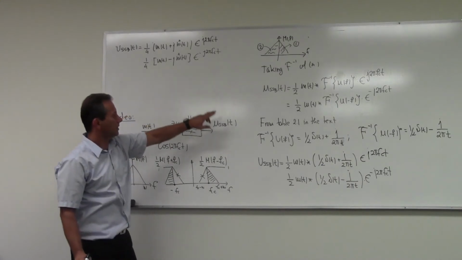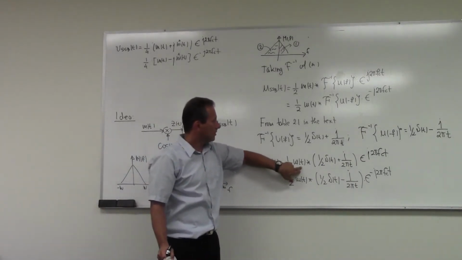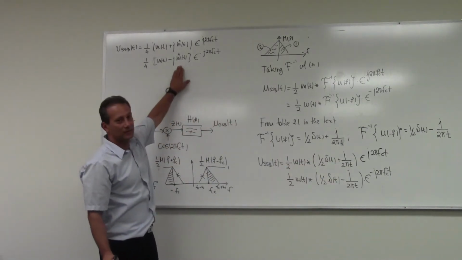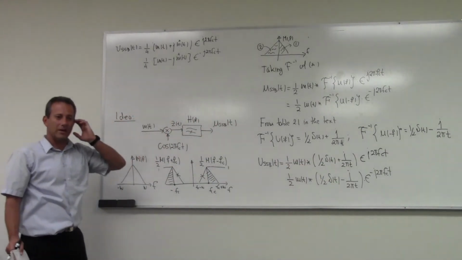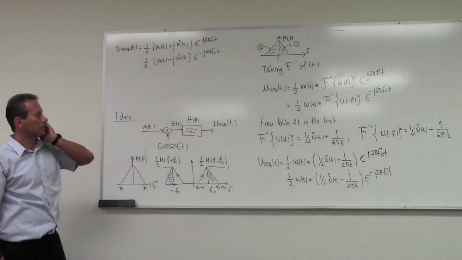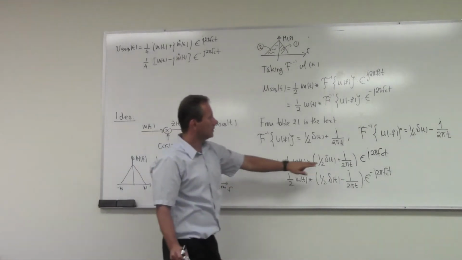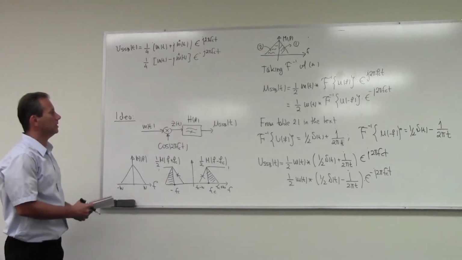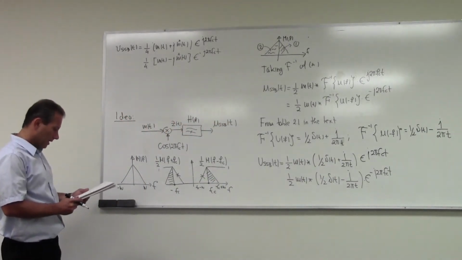All I did is take m of t in convolution with 1 over pi t, and I called that m hat of t. I still have to explain how I actually do this convolution and what in the world this filter is that has this kind of frequency response. That still needs to be explained more thoroughly.